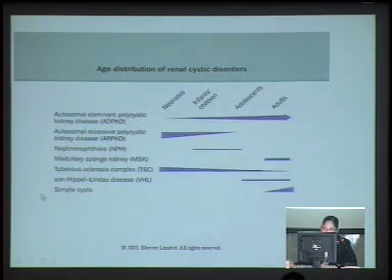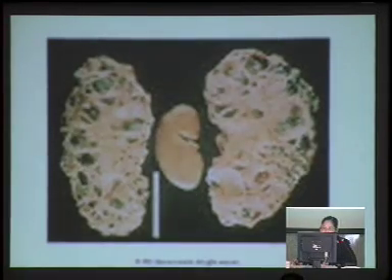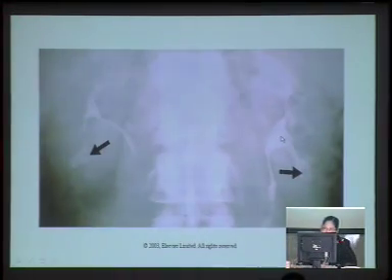Simple cysts, some of them can turn to cancer. Tuberous sclerosis complex and von Hippel-Lindau can develop cysts as well. This is a normal kidney, this is a polycystic kidney, they are huge. And this is an IVP.